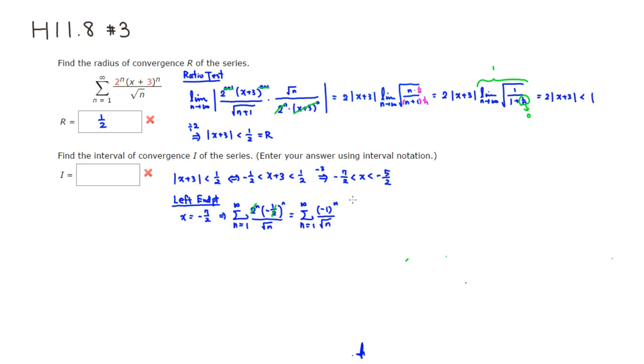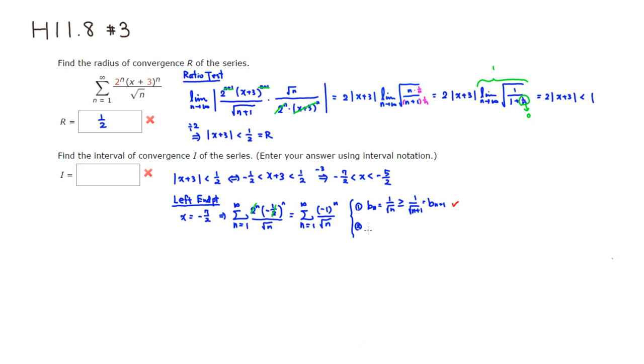Since this is an alternating series, we can check: b_n in this case is 1 over the square root of n, and b_{n+1} is 1 over the square root of n plus 1. Since the denominator is larger, the fraction is smaller, so the first condition checks out. The second condition is very easy to check.